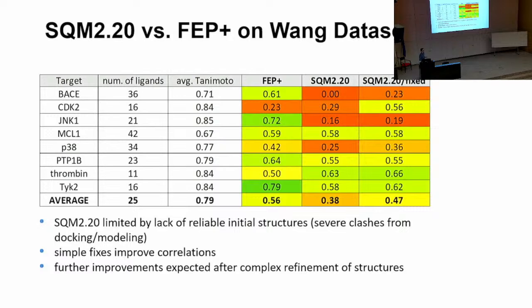So one could say, well, it's not really great, but as I said, we looked into the structures, which have their problems, and these problems we could fix indeed, like 2 hydrogens very close, etc. We could fix them very easily, manually first, and then with some refined docking, and we could go to 0.47, which is worse, but we are fine with that, and trying to maybe even improve it.